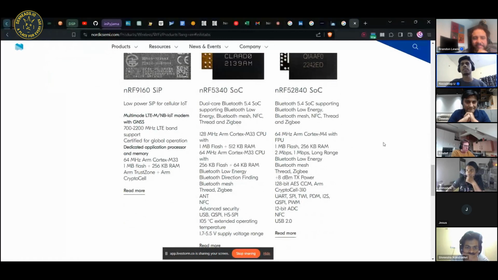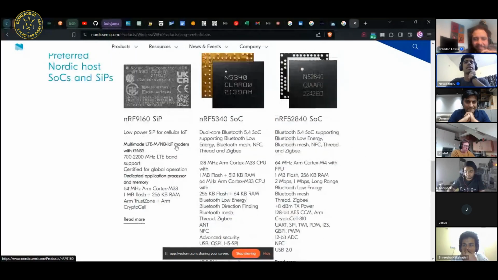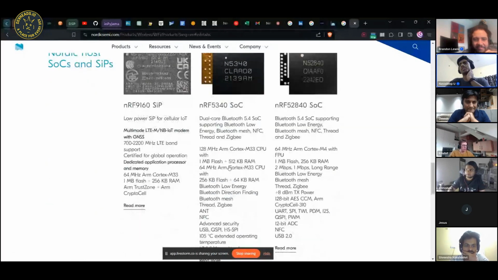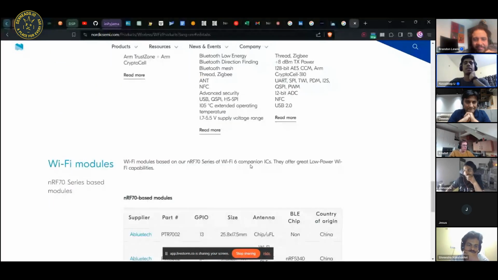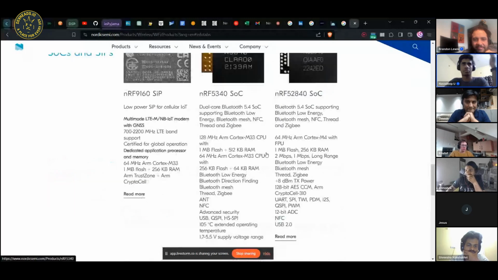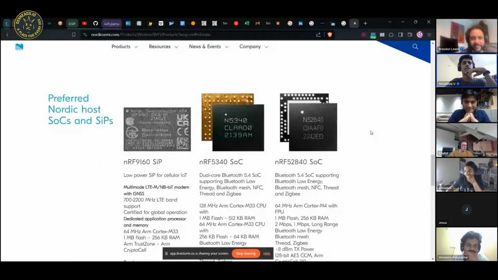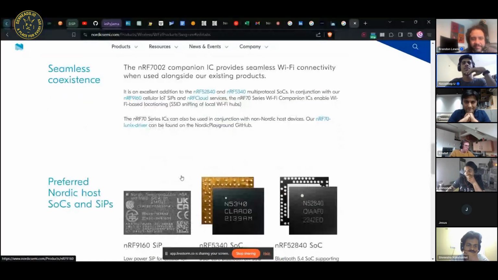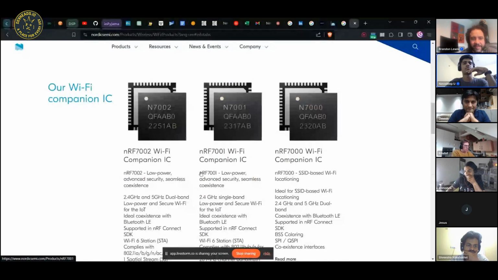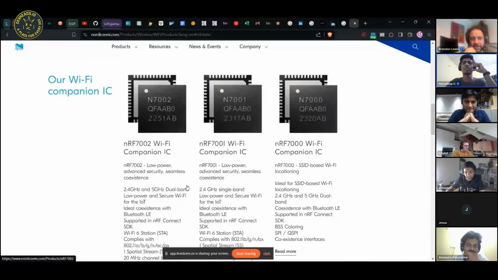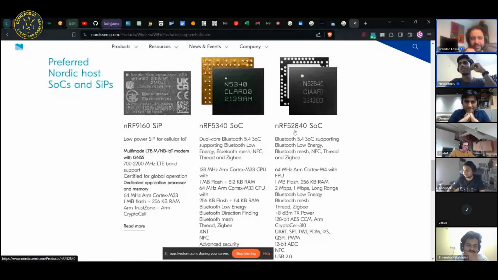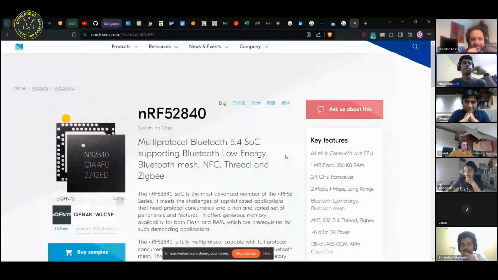So this is a 64 megahertz ARM Cortex-M4, ARM Cortex-M33. What would be the best point? Looking at the Wi-Fi clock example, you wouldn't need a Cortex-M33 running at 108 megahertz, or this one which is cellular, or even the ones on top. These are low power, security optimized stuff, so I would go with the lower end offering. I still do not know the cost, so I'm shortlisting based on what is overkill and what is not overkill.